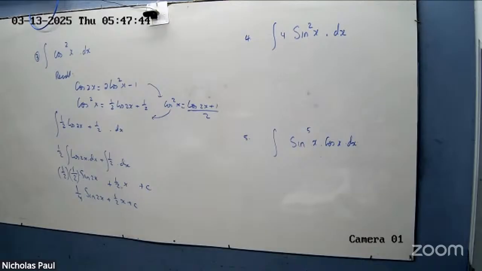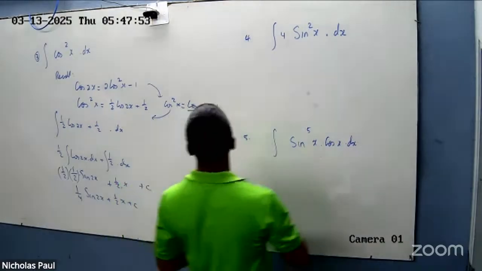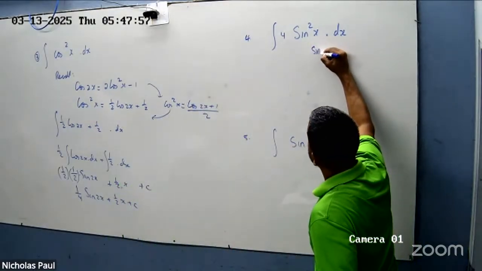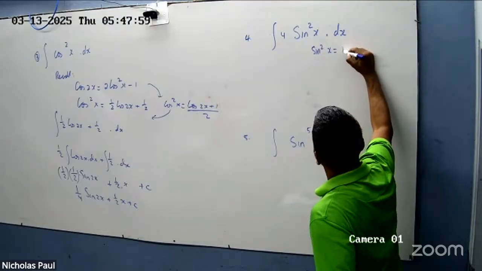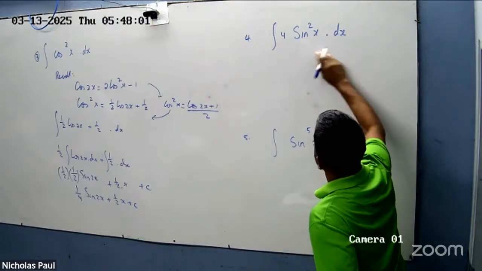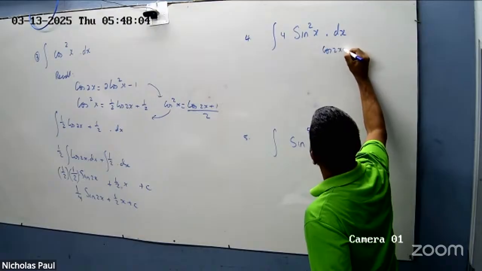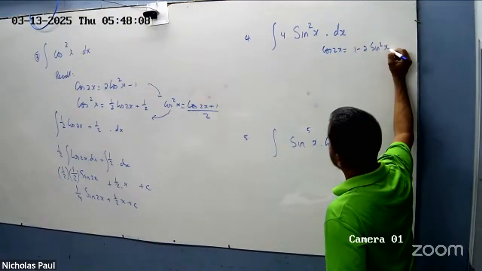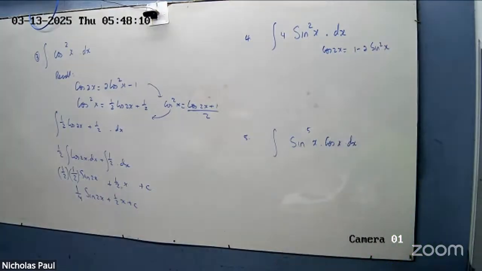For those who do not remember the identity, cos 2x is equal to 1 minus 2 sine squared x.